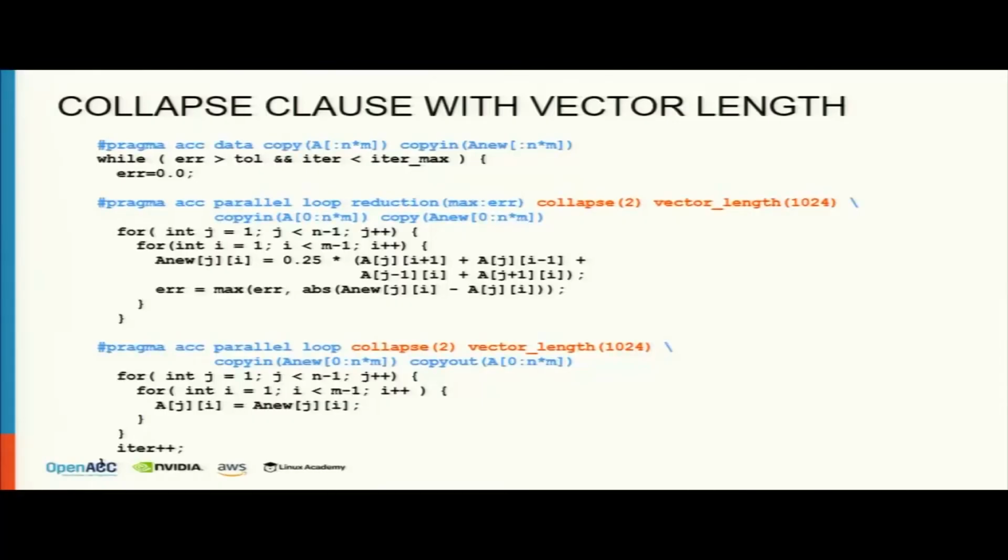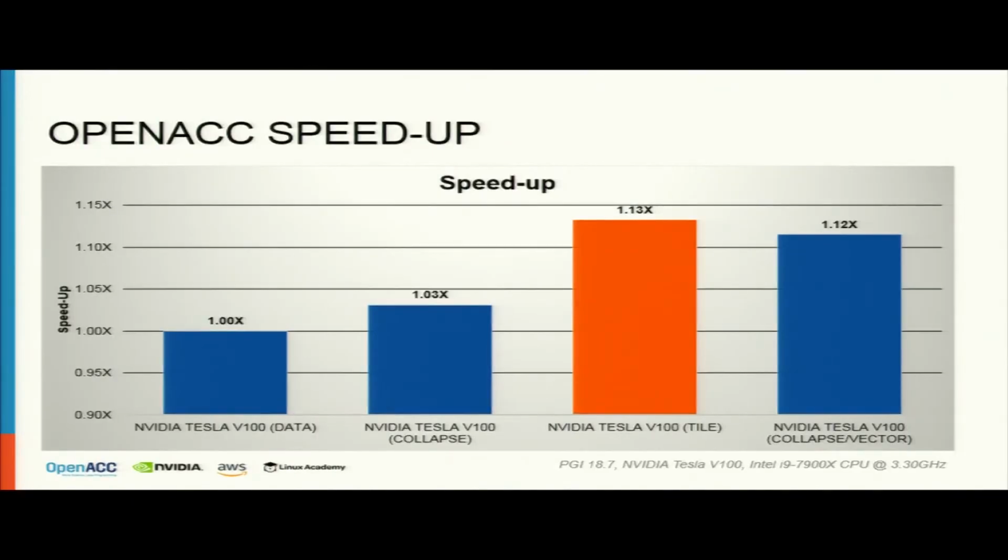So you can do it like this in your code. What you're going to do is you can say collapse 2 and then vector length. You can try 1024, try more than 1024, see what happens, try lesser than 1024 and see what happens, right? So as you can see, after adding vector length, actually the performance has decreased, it has not increased.